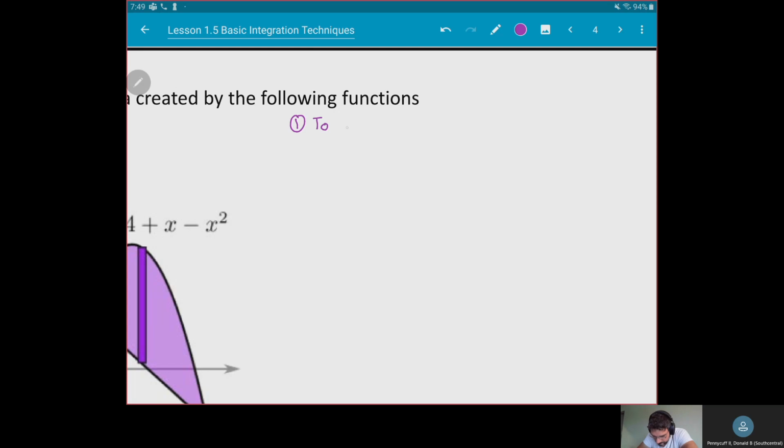So to find the start, stop, set your functions equal to each other and solve.